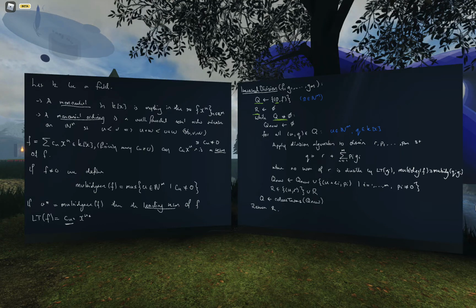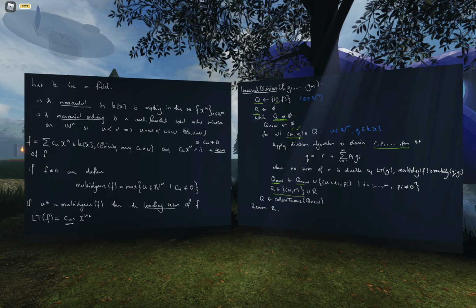As long as we've still got coefficients to divide, we go through every polynomial and index in that set, and apply the division algorithm to obtain polynomials which satisfy the properties of the division algorithm. That's all this sentence is saying. Then we add them to this set of new divisors and new coefficients to divide later on, and with the remainder, we also add that to the set R.